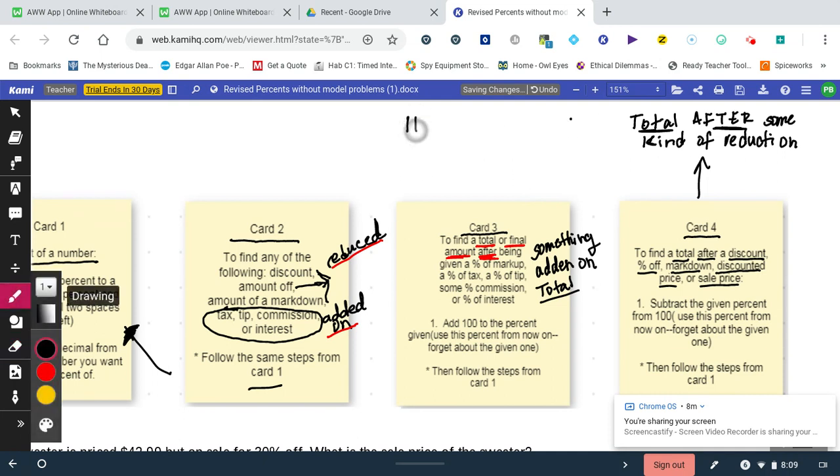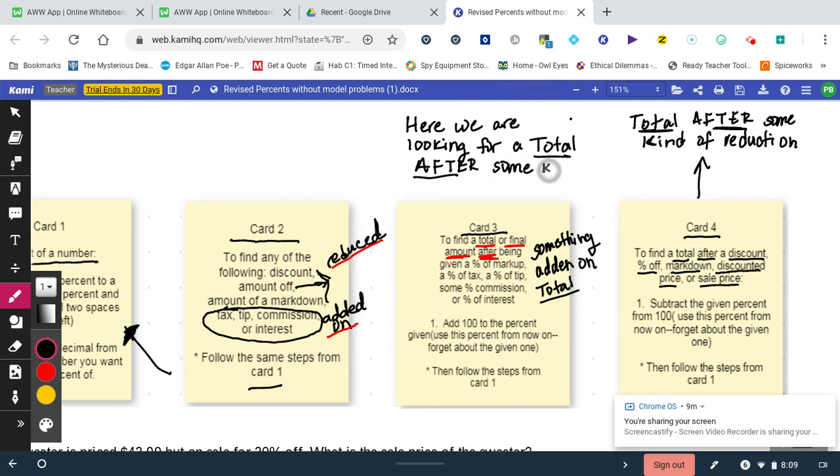All right, so here we're looking for a total and keyword after some kind of add-on. That may make more sense to you.